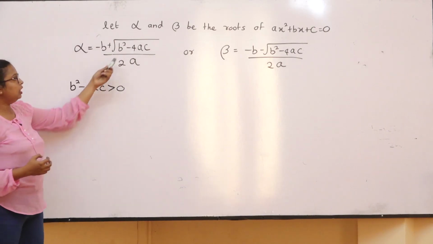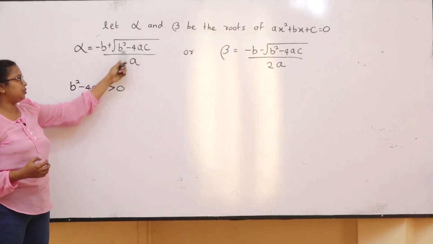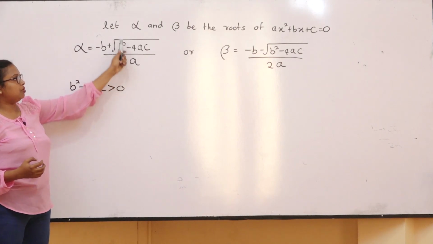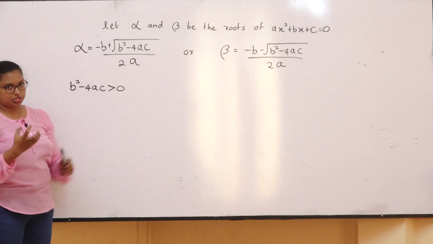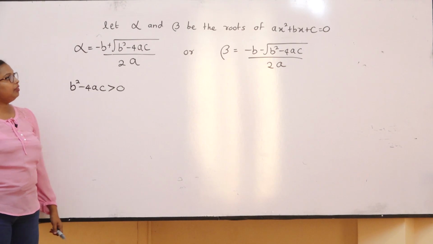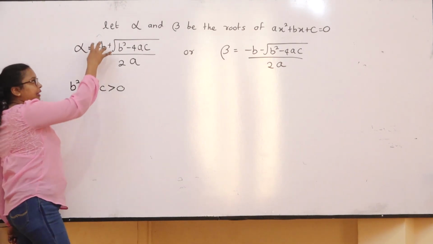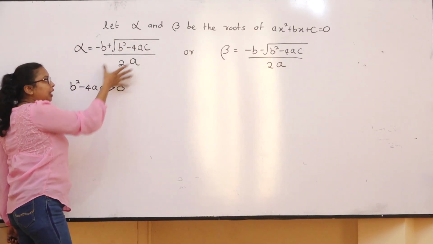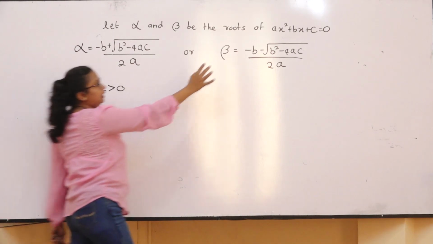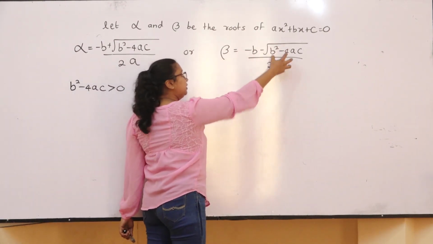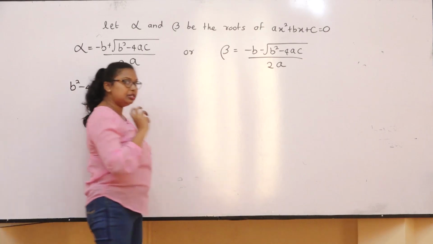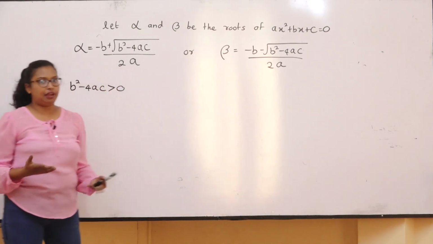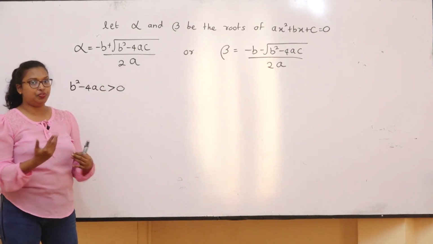We have numerical values here, no? Once you get b squared and subtract 4ac, you are getting a positive value, let us say. Then what will happen? Minus b plus that positive value over 2a, and minus b minus that positive value over 2a. So, can you understand, you will get two different values there, right.